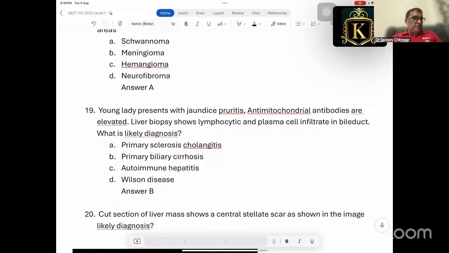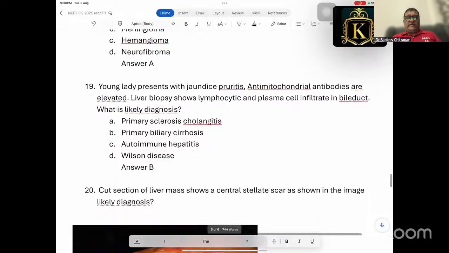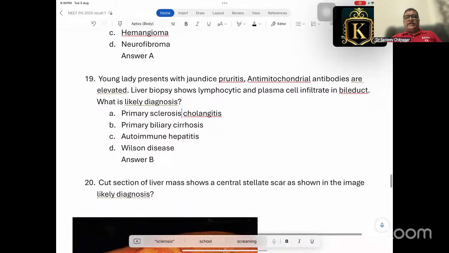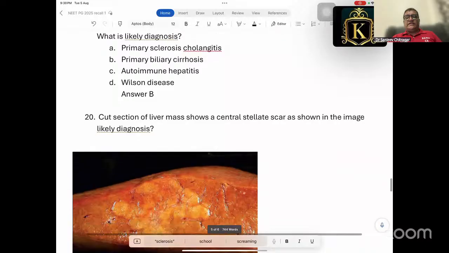AMA is positive, correct. That is why primary biliary cirrhosis, with lymphocytic infiltrate in the bile duct. This is called florid duct lesion, and there will also be destruction of the bile duct. Primary biliary cirrhosis, right?